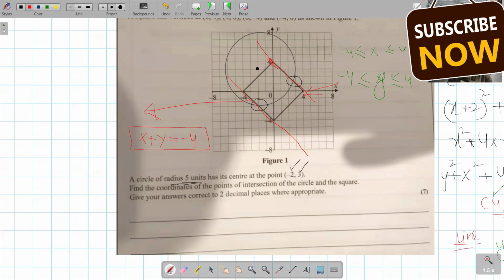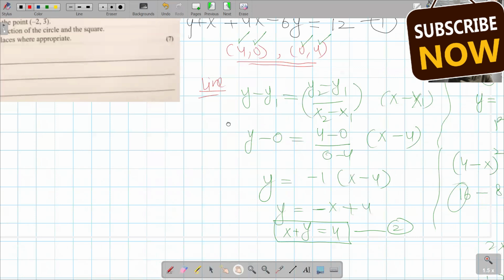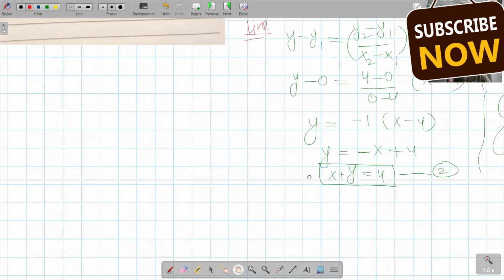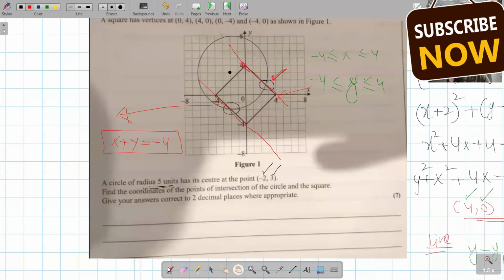Just solve this equation with the circle, and you will get another point. This point is obtained, that is 2.7, 1.3. So this is one of the required points, and here you will find another point by solving this equation with the circle.